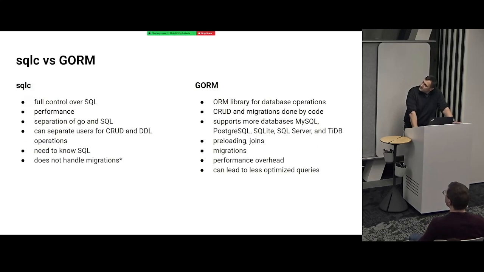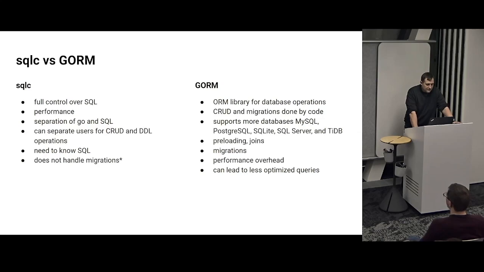I chose to compare it a little bit with GORM because it's a completely opposite approach to working with databases. SQLc, as I said, is SQL first. GORM is an ORM library, so you basically want to control the database through the code and avoid working with SQL if possible. Different approach.